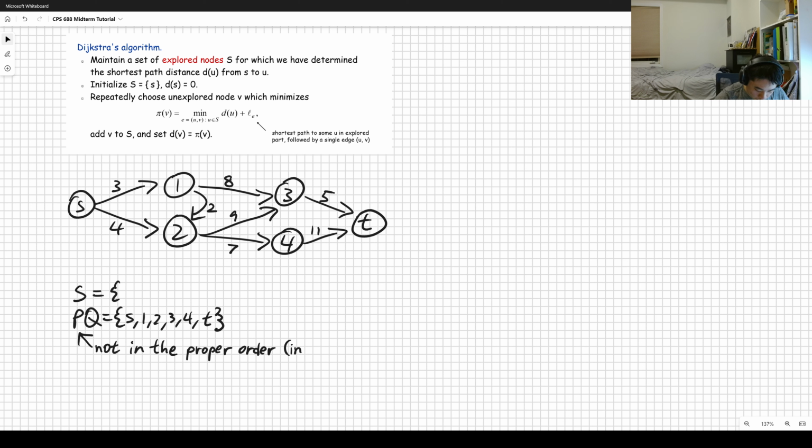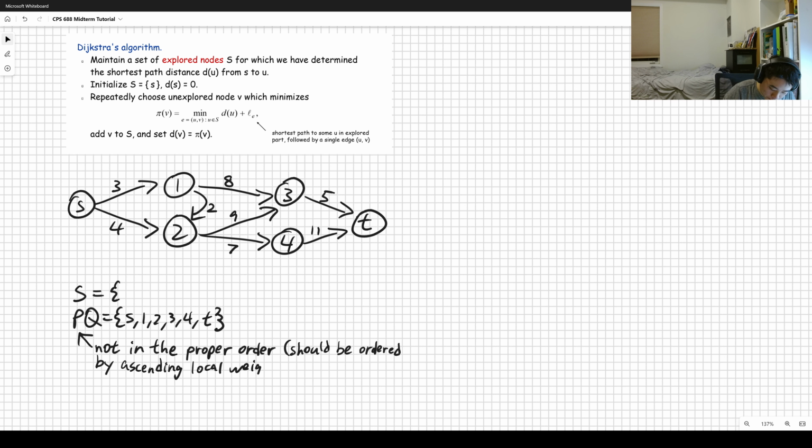In real life, it should be ordered by ascending local weight.